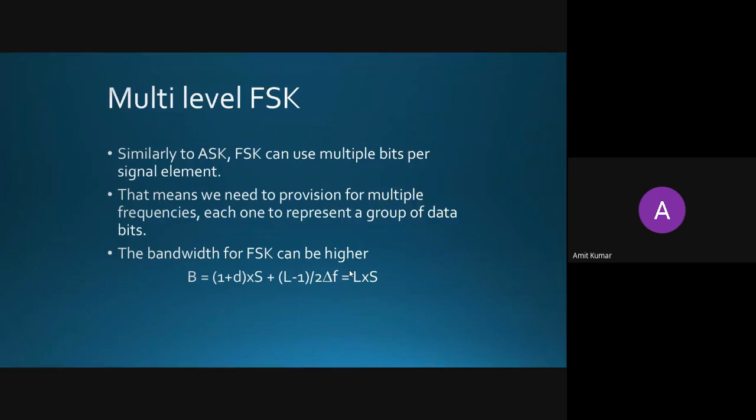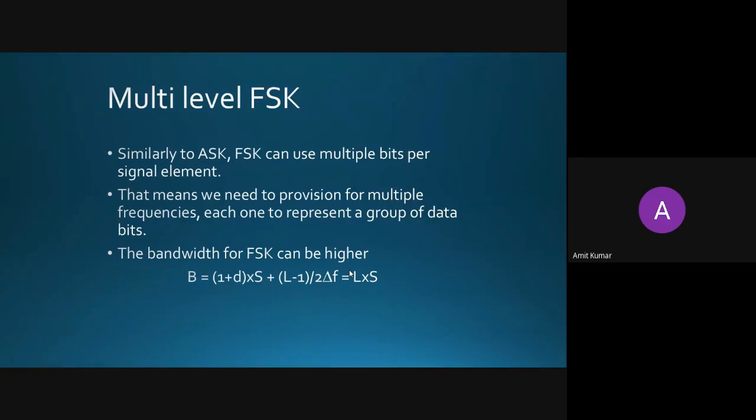Now we will see the multi-level FSK. What we have discussed till now, the bandwidth of an FSK, is true for single level. If you are having multiple bits per signal element or multiple levels, then how can you represent the bandwidth? So bandwidth will be represented by (1 + d) multiplied by S plus (L minus 1) delta f.